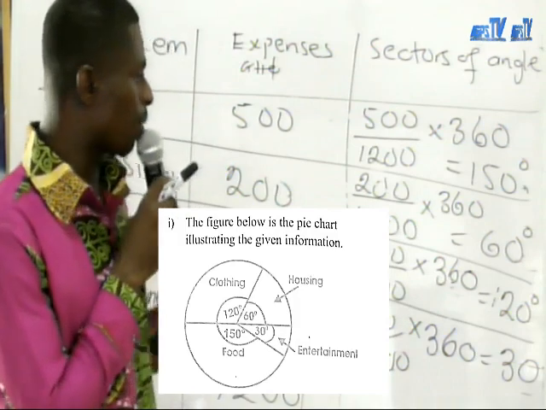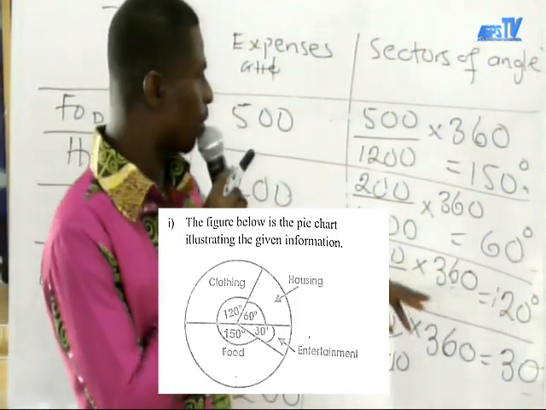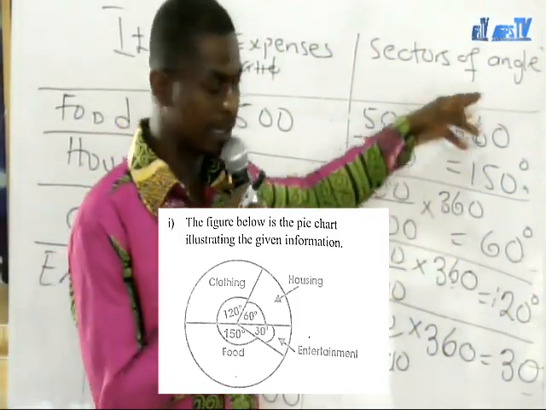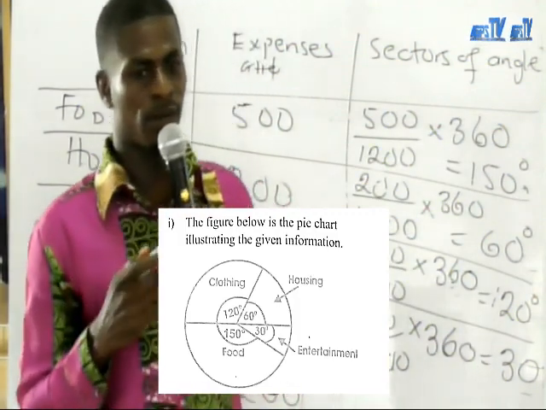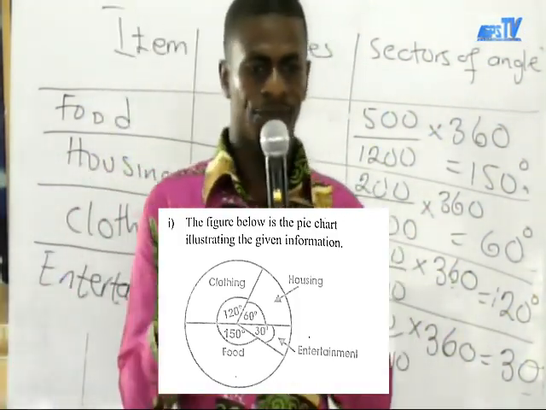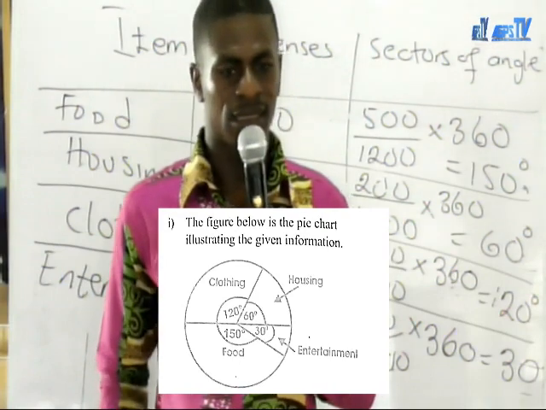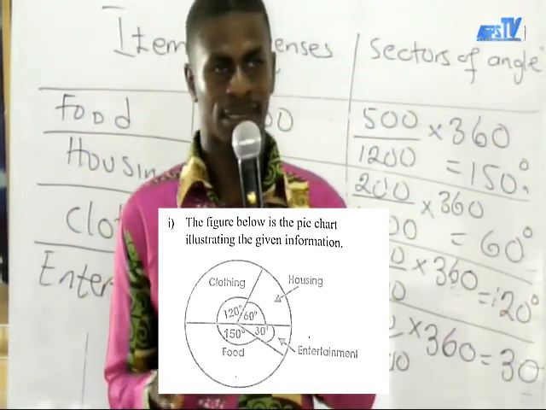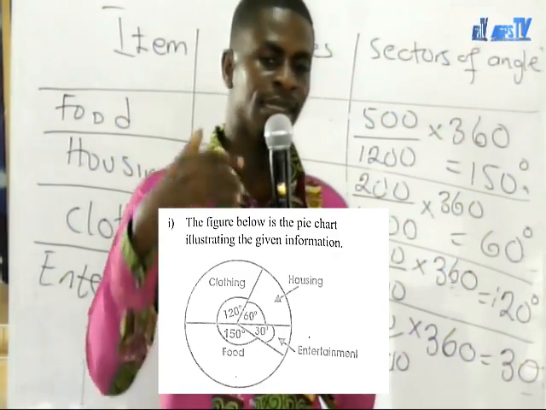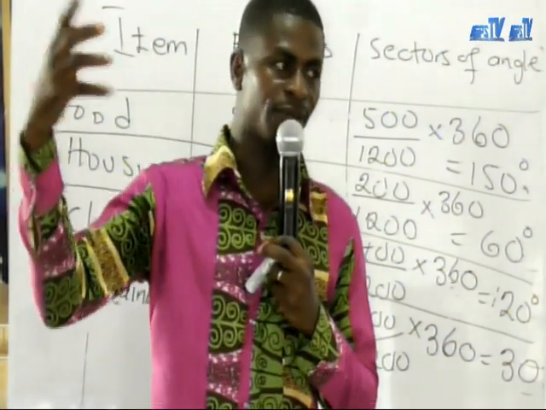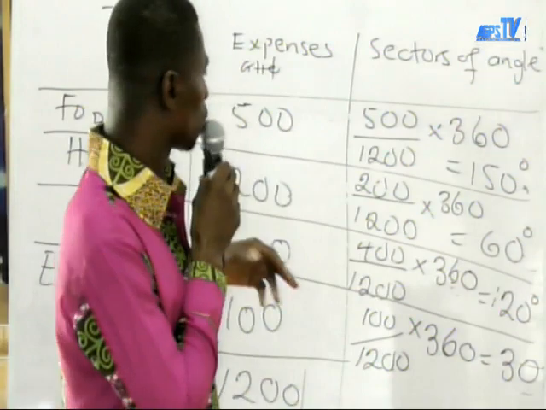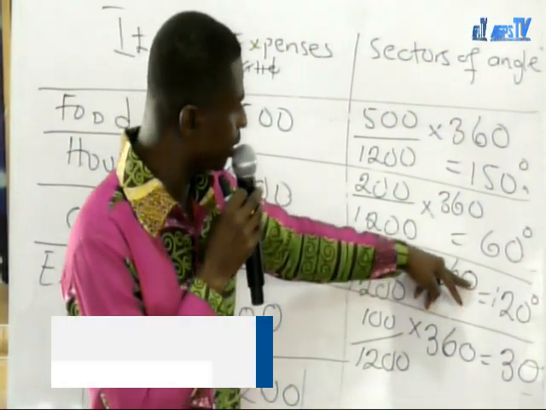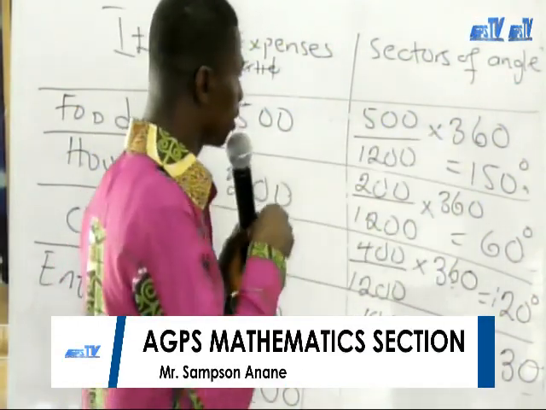And so we have our 120, we have our 60, our 30, and then we have our 150 for each sector of the angle. And so I have advised you that if you want to present pie charts, try to present the sectors that are big first. So the biggest, so here you present 150.